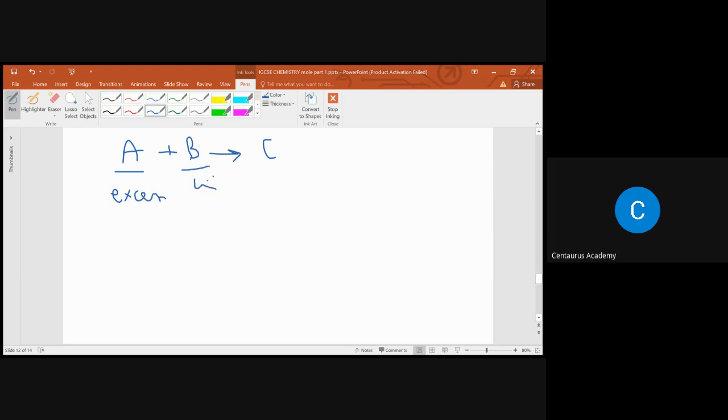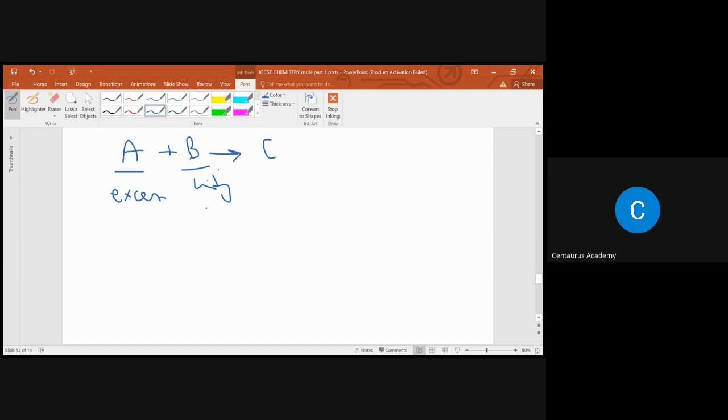What does this mean? The limiting reactant is the one which is in limited quantity. The excess reactant is the one which is present in excess amount, right? As a result, the product formed would be of a certain quantity.